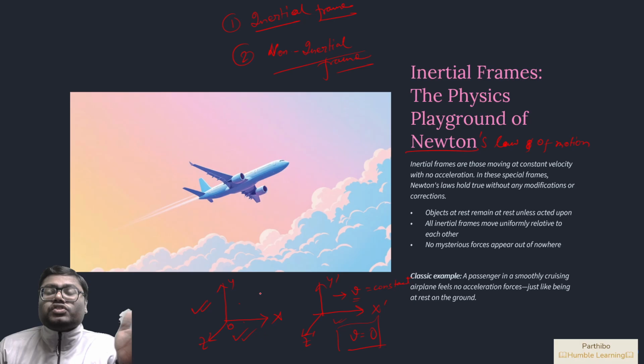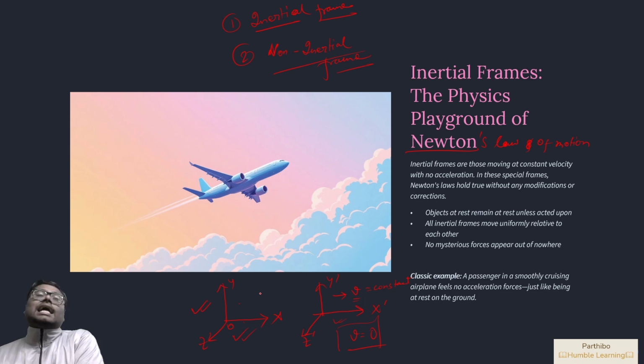So for the person inside the aeroplane, the plane acts like a frame of reference, and with respect to that frame of reference he is at rest. So that's why he doesn't feel any type of force. If that plane moves with acceleration or deceleration, only then can he feel the force.